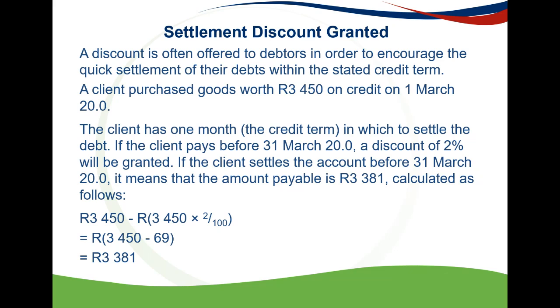And if you subtract that from your 3,450, that's how you get your 3,381. So the debtor will receive 69 Rand credit, and the business is giving that. That's why it's settlement discount granted of 69 Rand.